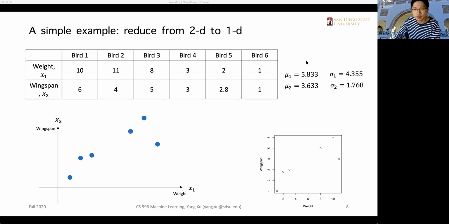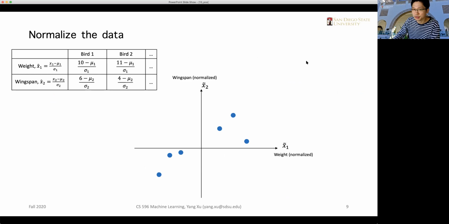All right, so the next thing we want to do is to normalize the data, which is a typical operation, by subtracting the mean values from each data point and dividing by the standard deviation for each feature. So for the weights, we use the mean of weights to subtract from each data point and divide by the standard deviation of weights.